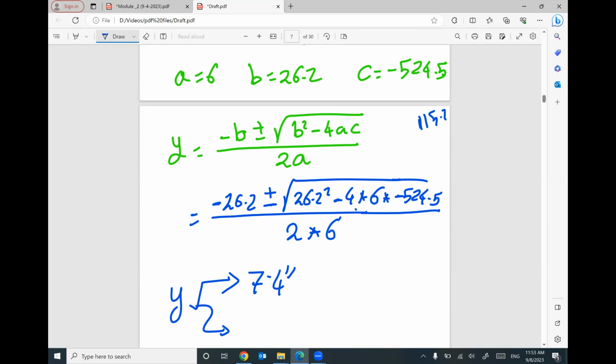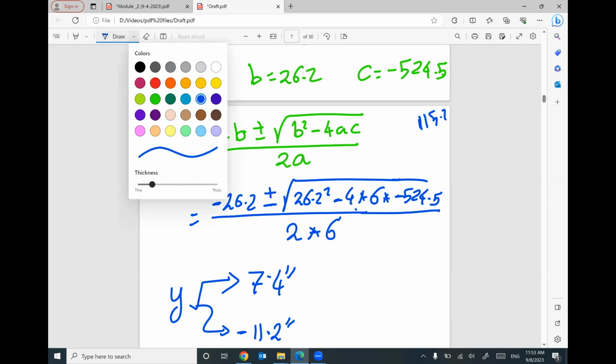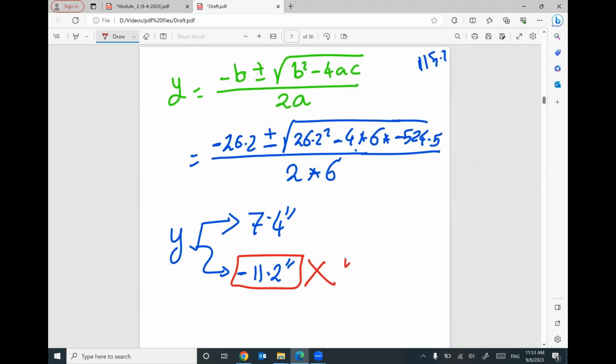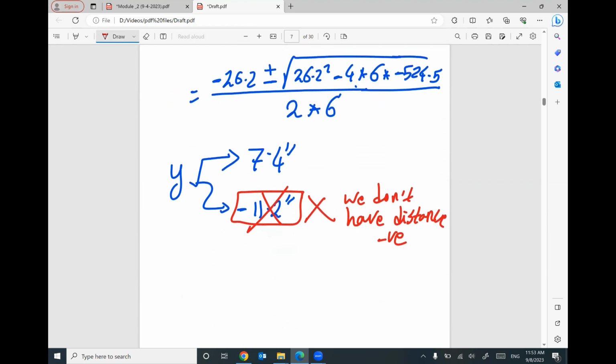Just a second. Negative 11.2 inches. Unfortunately, the second value is not accepted. We don't have a distance with a negative value. So this solution is rejected, and the value of y will be 7.4.